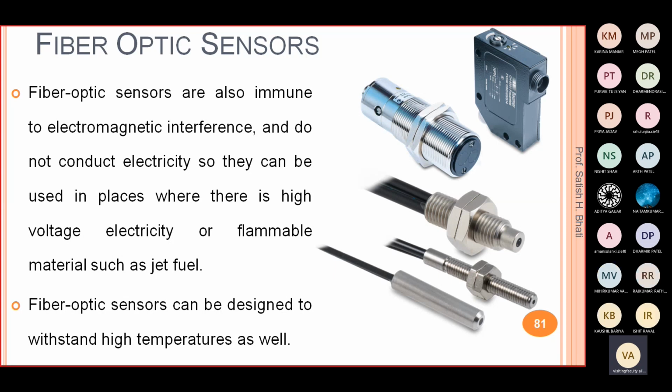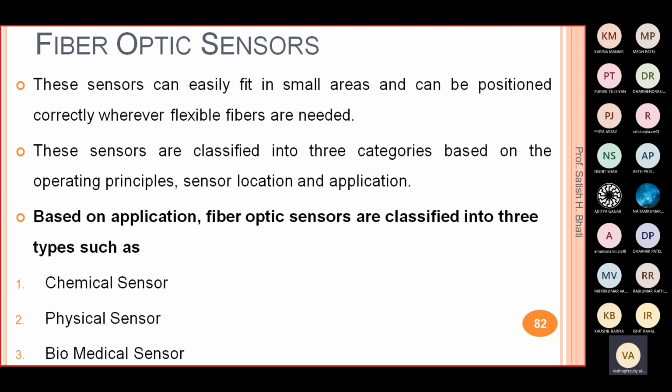Then the fiber optic sensor can be designed to withstand high temperature as well, right? The sensor can easily fit in a small area and can be positioned correctly wherever this flexible fiber is needed, right? So one more feature is flexibility. Fiber optics are flexible, so the sensors made from this fiber optics are also flexible, right?